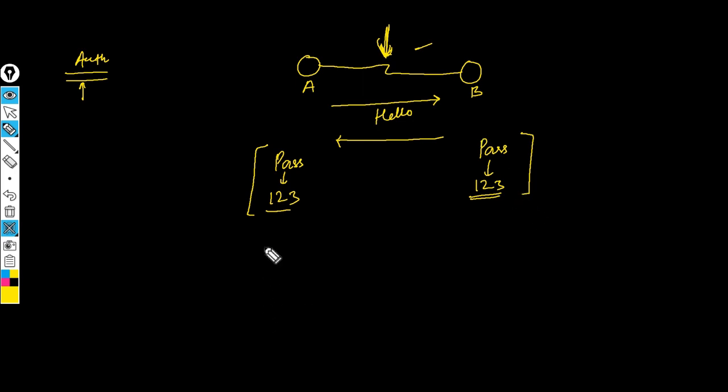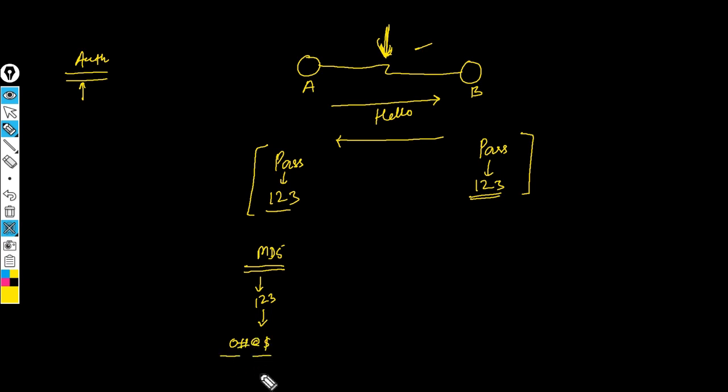But in case you implement the secured password, which is called MD5, Message Digest version 5, the encrypted one, if you configure the password as 123, this 123 will get converted into some specific characters, like 0, then hashtag, @, dollar symbol.